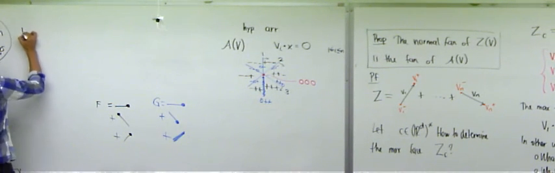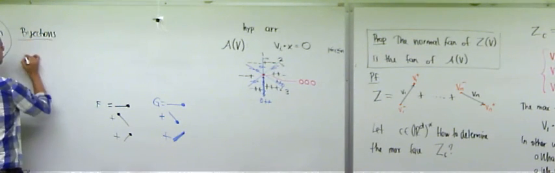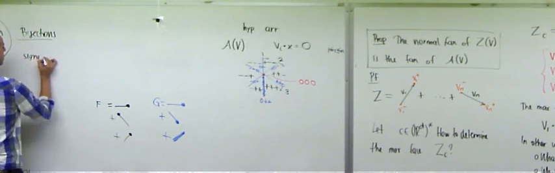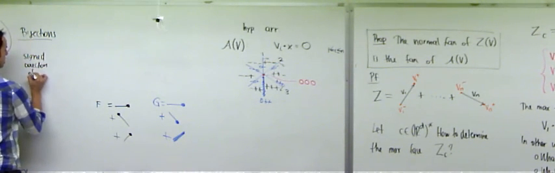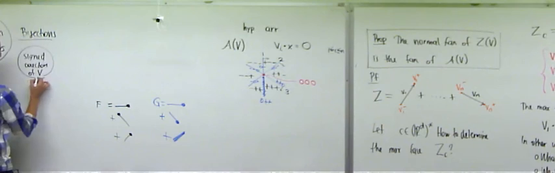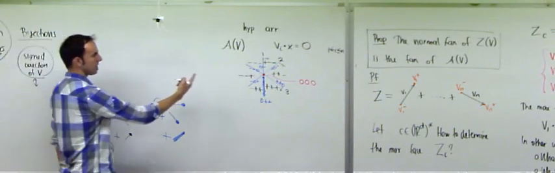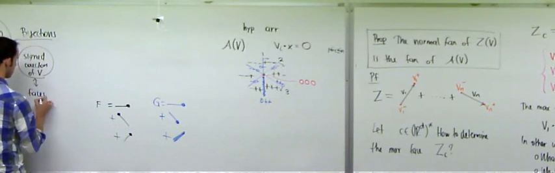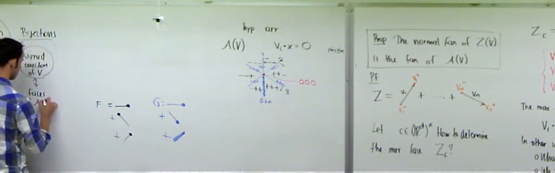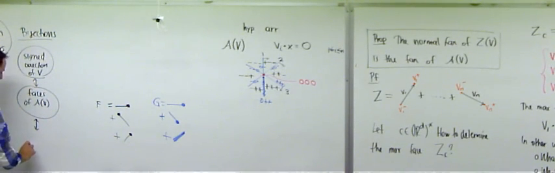And so the point is that we have bijections between the sign covectors of V, the faces of the arrangement, and the faces of the zonotope.